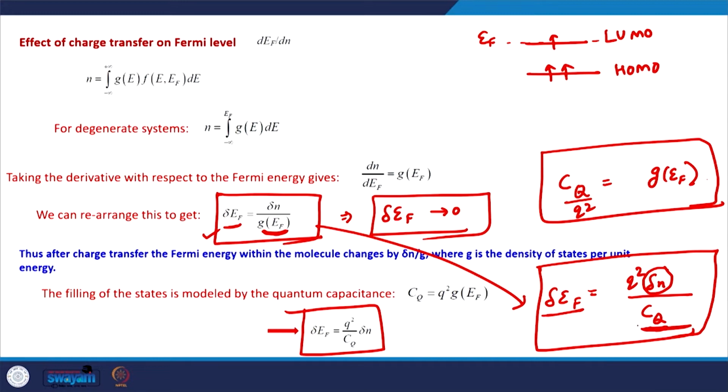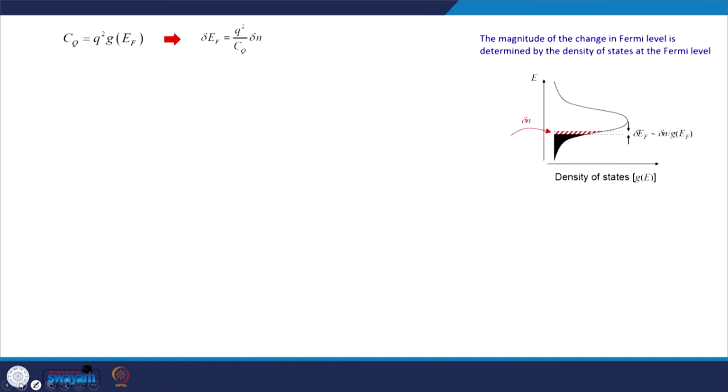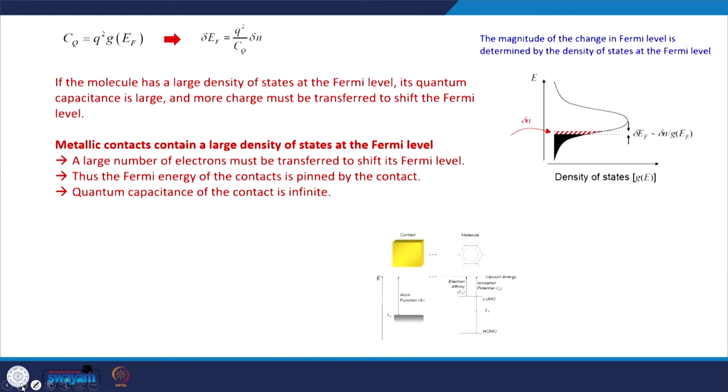Okay. So this is an important part that all of us need to keep in mind while dealing with quantum dot systems, and this is pictorially shown in this way: as we put more electrons, the Fermi level is altered, and it is inversely related to the density of states at the Fermi level.